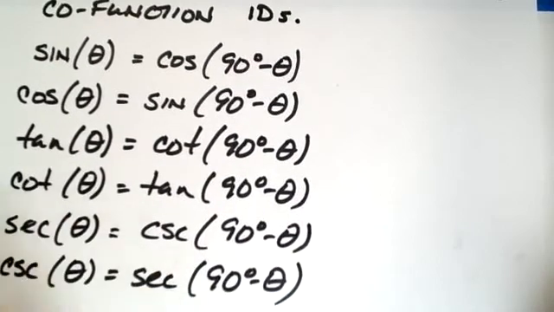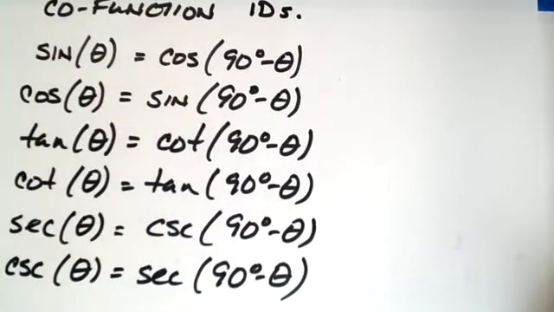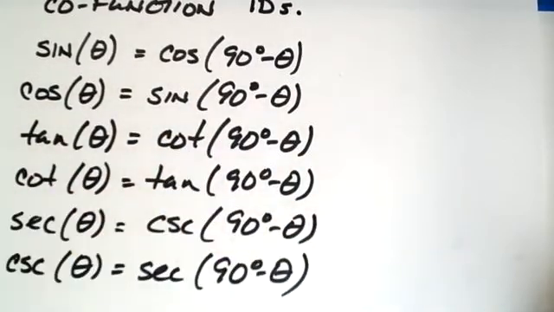But I just want to point out, this gives us a new way to relate some of these functions, right? I kind of want to draw attention to these two, cotangent and tangent, because those are already related by a reciprocal identity.